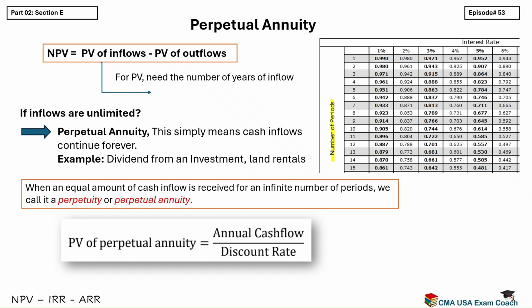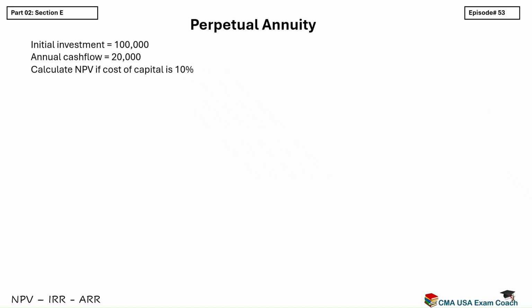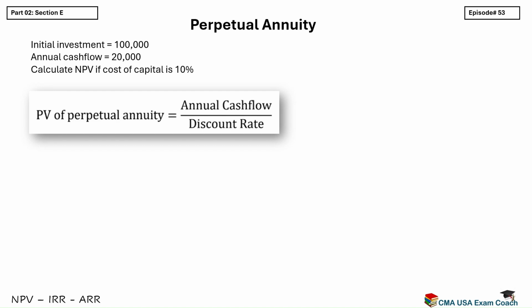Let's take an example. Suppose the initial investment is $100,000 and the annual cash inflow is $20,000. The cost of capital is 10%. Step 1. Apply the formula. PV of perpetual annuity equals 20,000 divided by 0.1, which equals 200,000. Step 2.